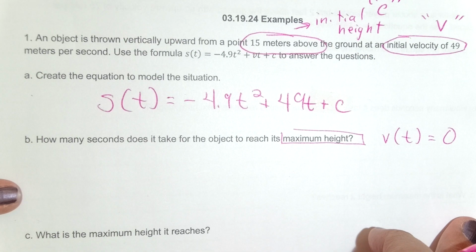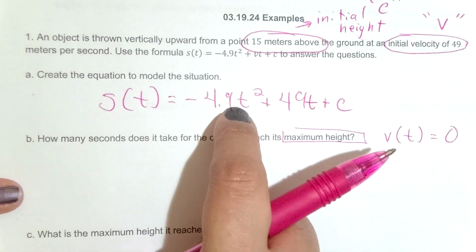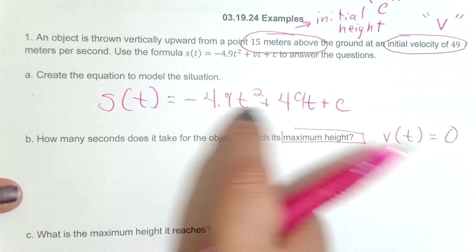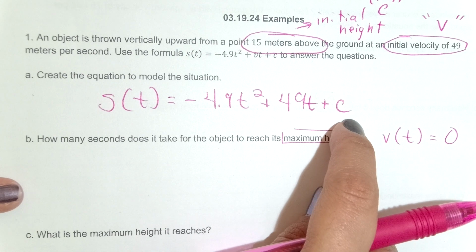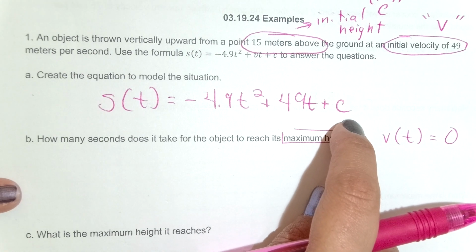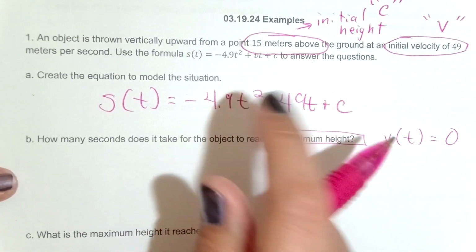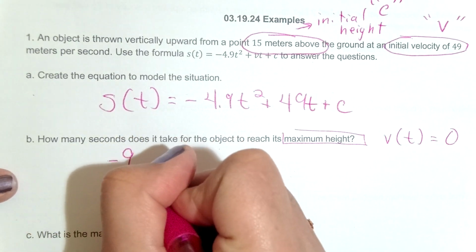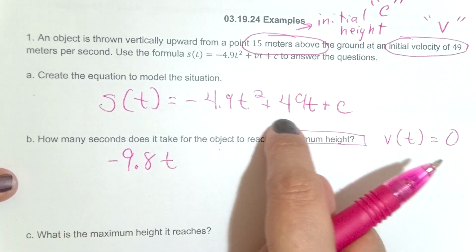Maximum height is when the velocity is 0. Okay? So I'm going to take the derivative of this. Some of us get confused when it's not whole numbers, but we can still take the derivative. We'll still multiply. 2 times negative 4.9 gives me negative 9.8. I subtract 1 from the exponent, that gives me t.